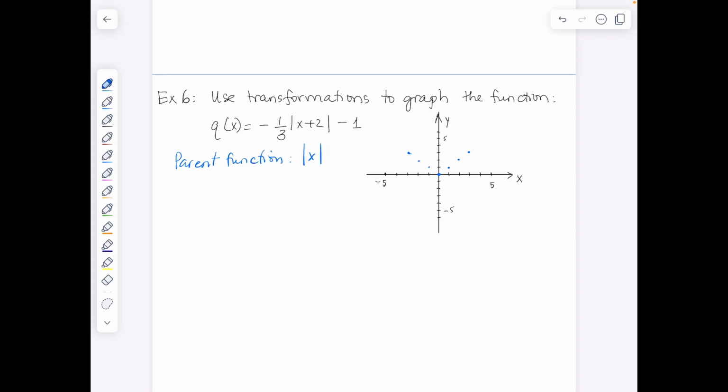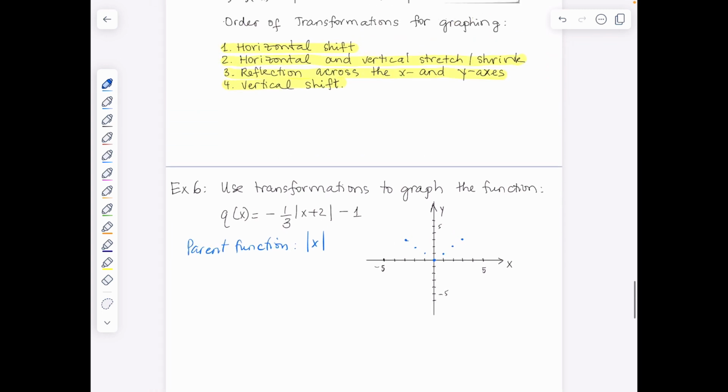Now, let's perform the transformations using the order. So one, let's look at the horizontal shift. Horizontal shift is when you look to see if there are any numbers that are directly subtracted from x or added to x. I can see that 2 is being added to x directly.